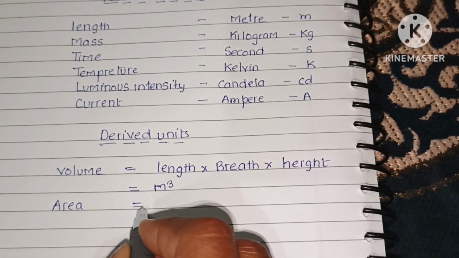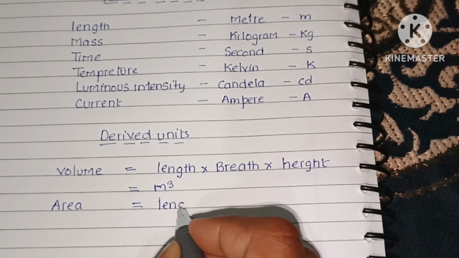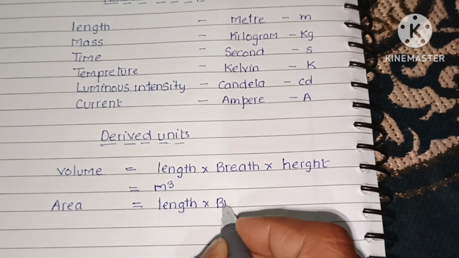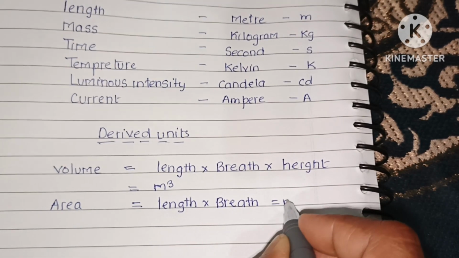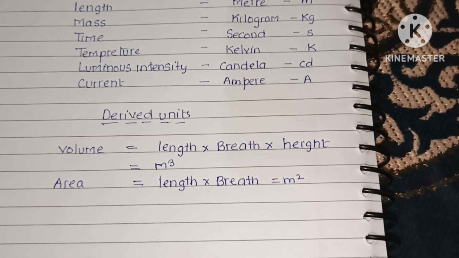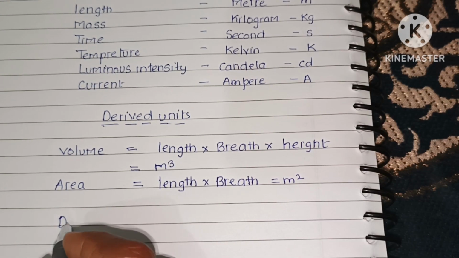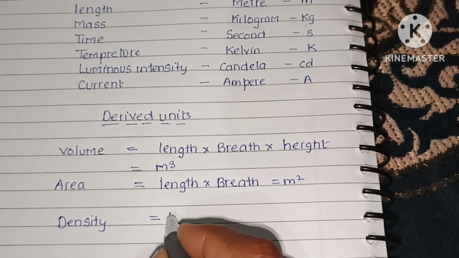If we talk about area, it is length times breadth. That is meter square. If we talk about density, that is mass upon volume.